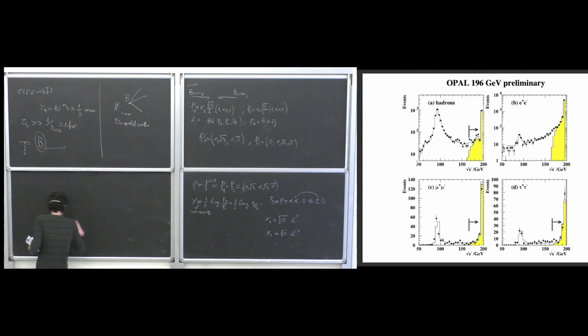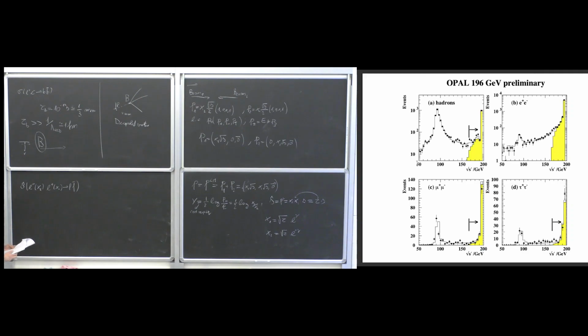We are going to put a hat on top of the cross-section, the new cross-section that we need now, sigma hat. So this sigma hat is the cross-section for this process. There is an E minus that has an energy x1 times square root of s over 2. So let me call it like this: E minus x1, E plus x2, which goes to f f bar.